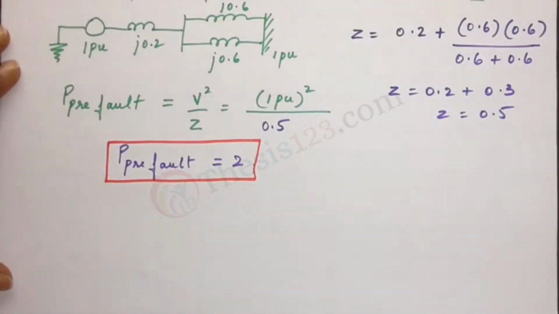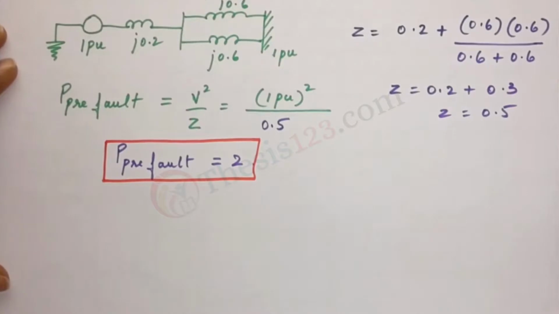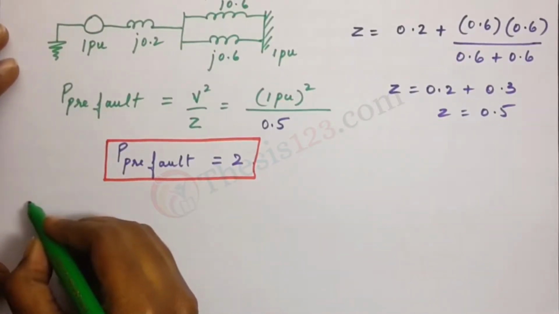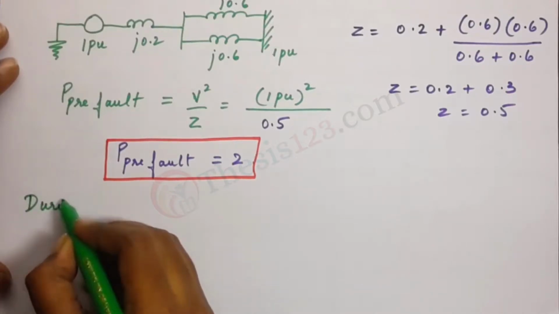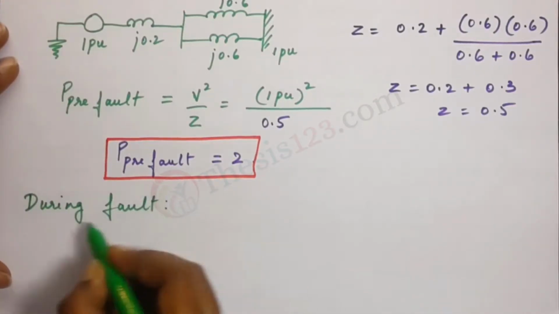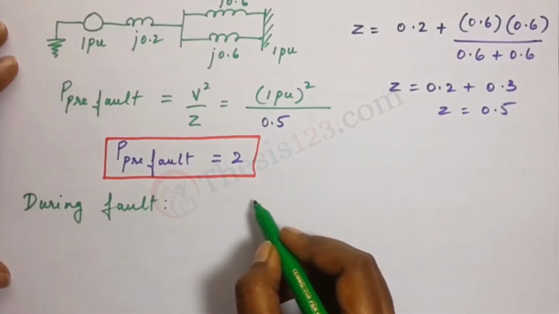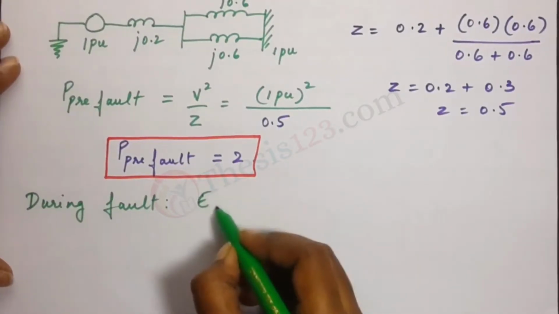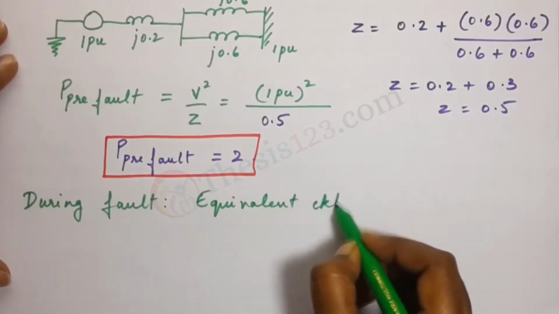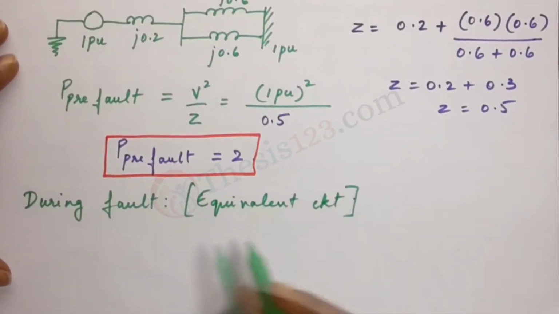Now the next part is to evaluate the circuit when the fault occurs. So this is with fault, or during fault. Second step, during fault. Now during fault, we'll draw the equivalent circuit. Let's see what we have.